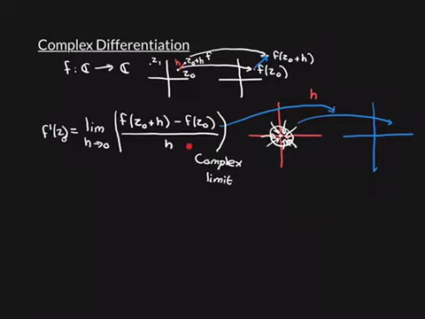So it looks exactly the same as the one from real analysis, but remember the difference is that the one from real analysis is looking at a one-dimensional limit. It's looking at going along a one-dimensional line and seeing if we come from both directions, does it approach a certain limit, whereas we're now looking at coming from all these directions and seeing if it approaches a certain limit.